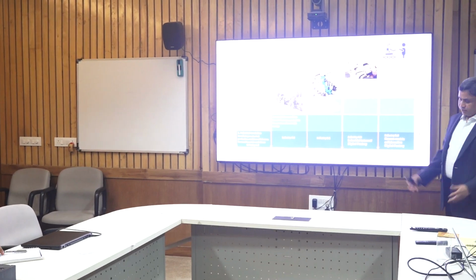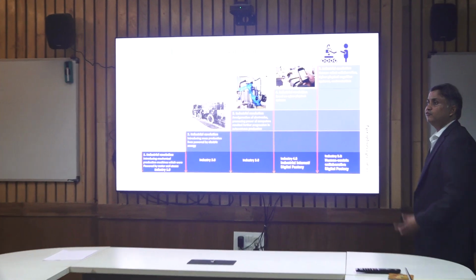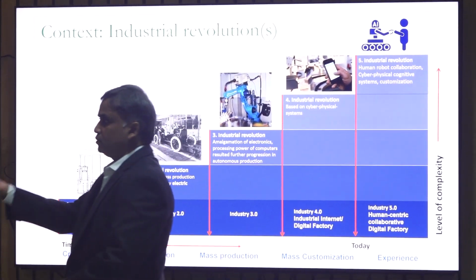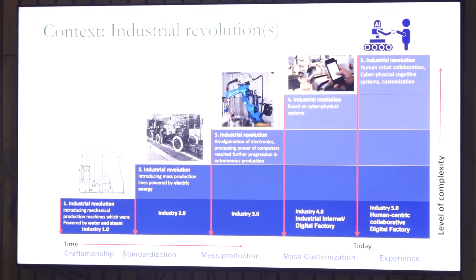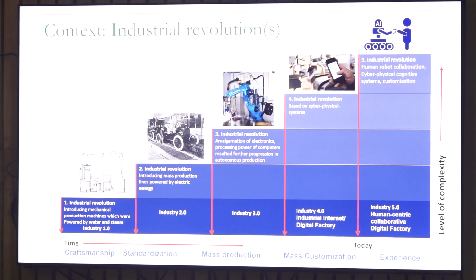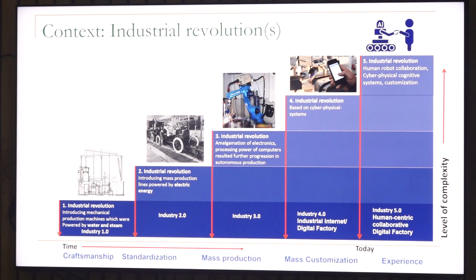If you talk about the last 200 years, industrialization started with the power of steam. Earlier everything was human muscle power, stonework, doing things by hand. But everything changed with the power of the steam engine.